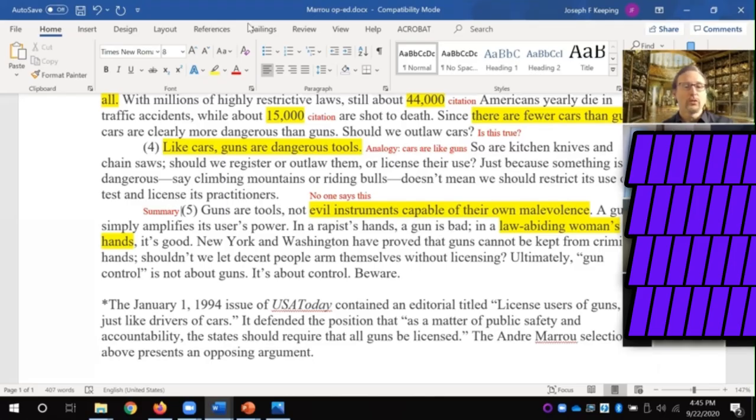But getting back to what you said earlier, gun control is not about guns. It's about control. I think you're saying that it's implying that it's an unjustified restriction on our freedom to say that we can't carry guns.